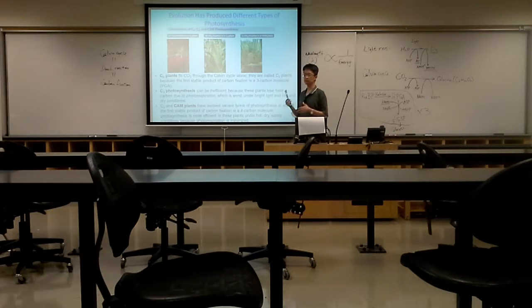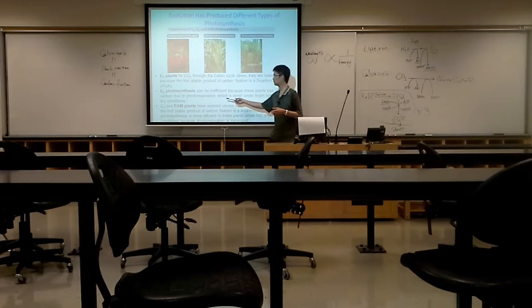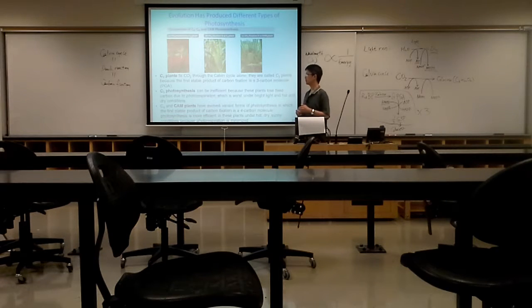The issue of C3 plant is something called photorespiration. We'll talk more about this in the next slide. Photorespiration is an issue that will decrease the production of glucose. This is the major issue.